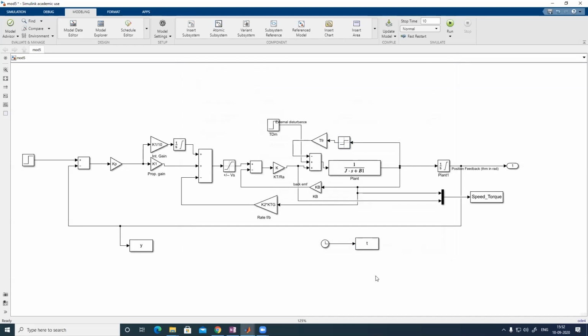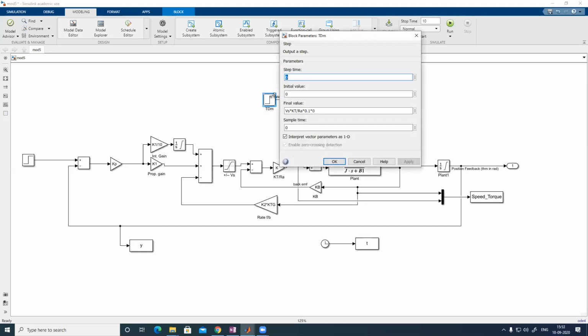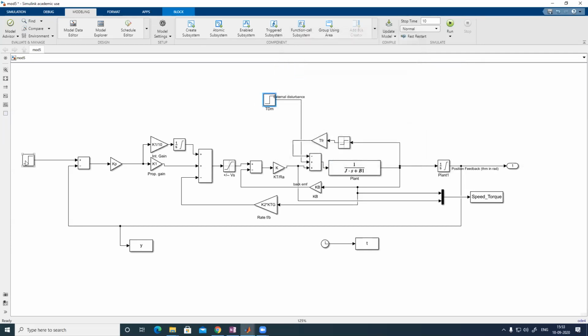So the disturbance is just a step response? Yes, this one is step input only. Disturbance is also taken as a step input with a maximum torque of 0.1, 10% of the maximum torque value. For the first instant, it is kept as 0. If you are taking the step response, the disturbance is taken as 0. And when taking the disturbance response, we make the command input 0.